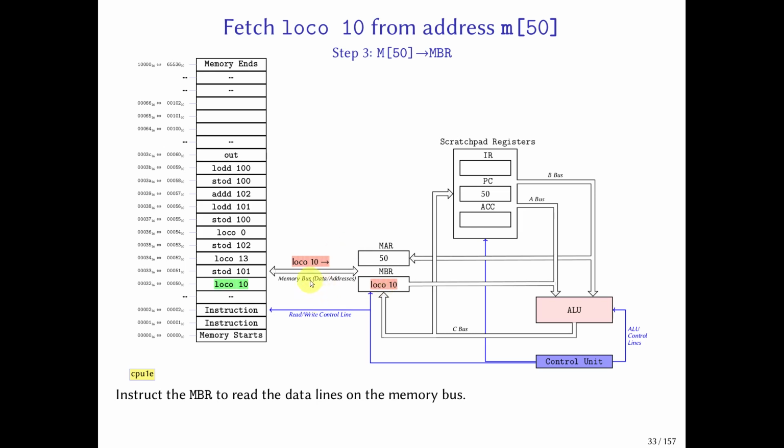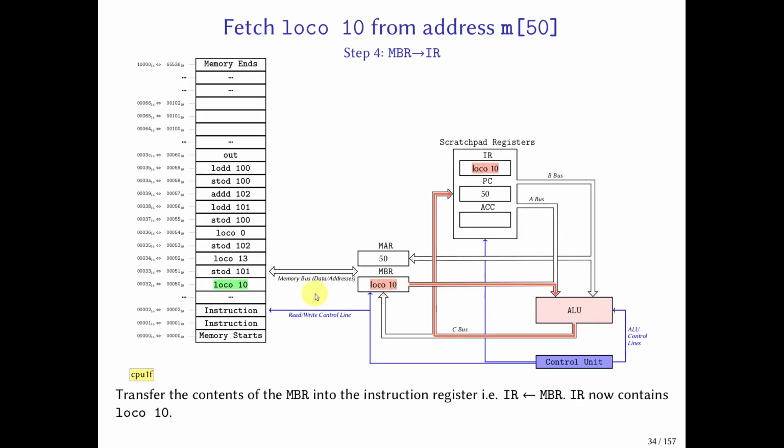In this case, because we're doing a read, the value we're copying is going into the CPU, so it goes from the memory bus into the memory buffer register. The memory buffer register doesn't really do anything apart from hold the instructions and data that have come from main memory temporarily. That brings us to step 4, which is that the value in the memory buffer register gets copied up into the instruction register.